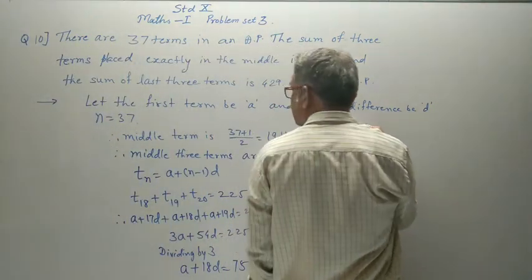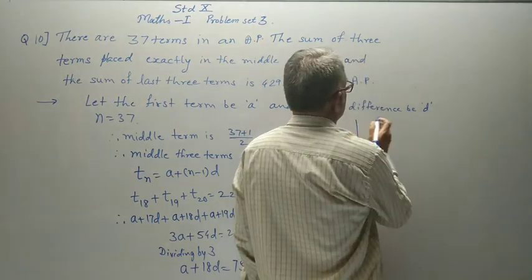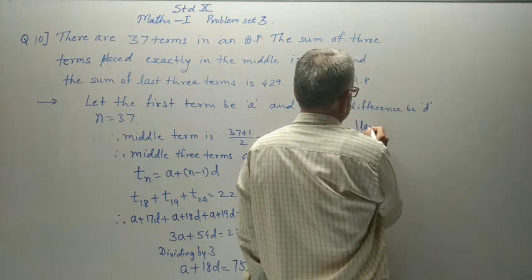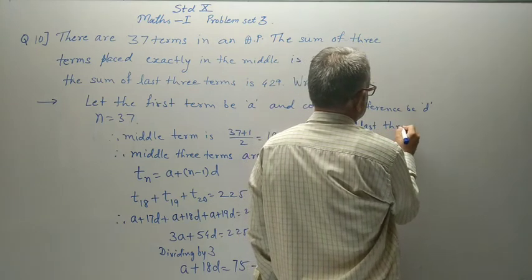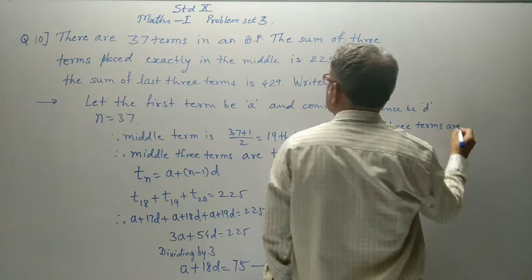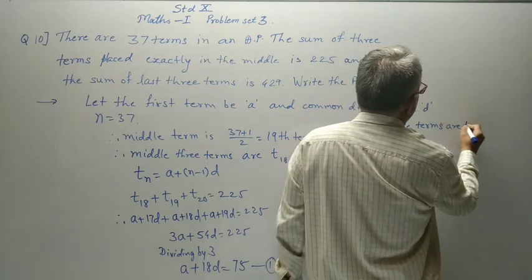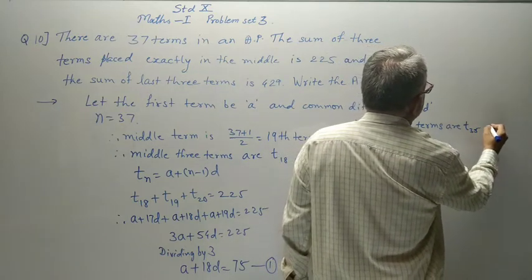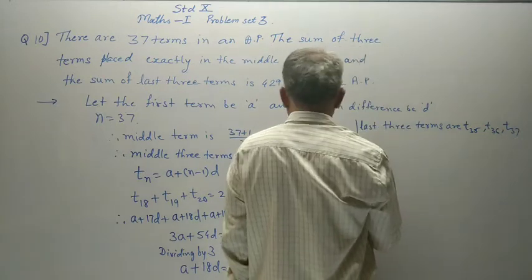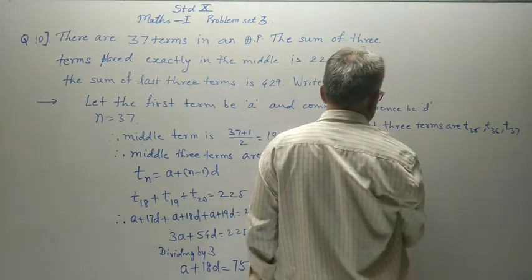The last three terms are, since the last term is 37, 37, 36, 35: T35, T36, T37. Therefore, the sum of those three is 429.